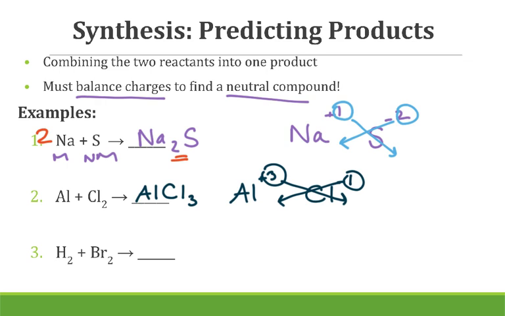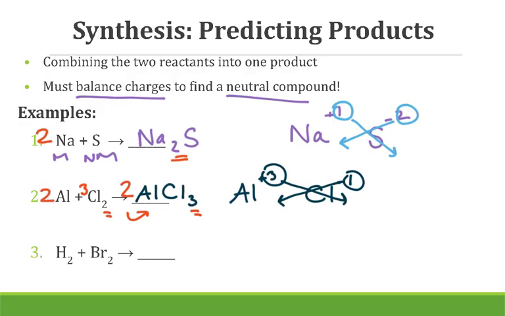In order to balance, this one's a little bit trickier. We have 3 chlorines and 2 chlorines. Well, the least common multiple, to get those to be the same, I'm going to need a 2 in front over here. I'm going to need a 3 in front over here. Then that means I have 2 aluminum, so I would need a 2 here as well.